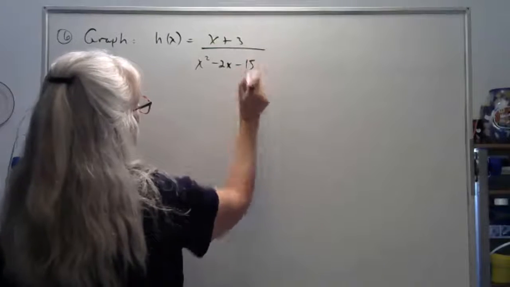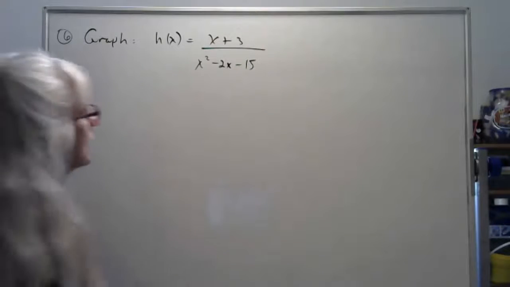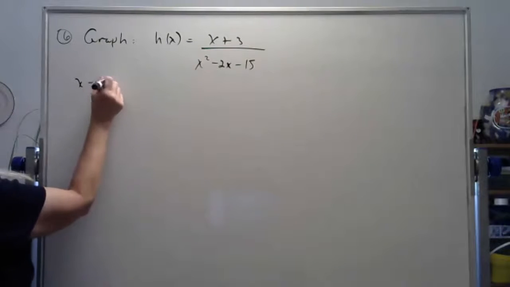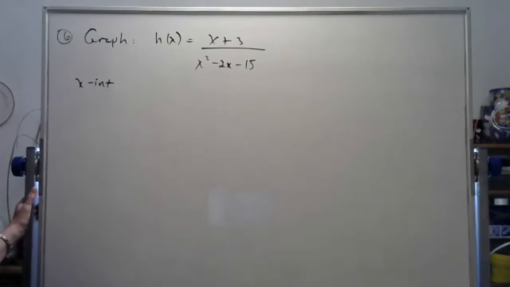There's nothing goofy about the rational functions. They're pretty straightforward. We just have to know the steps. So we need our x-intercept. Do you remember where the x-intercept comes from? We just talked about this last week. Set it equal to, or replace h of x with 0 and solve.